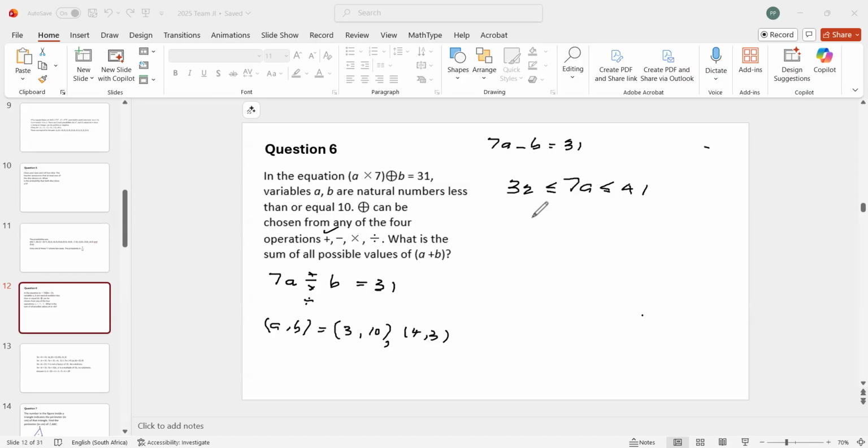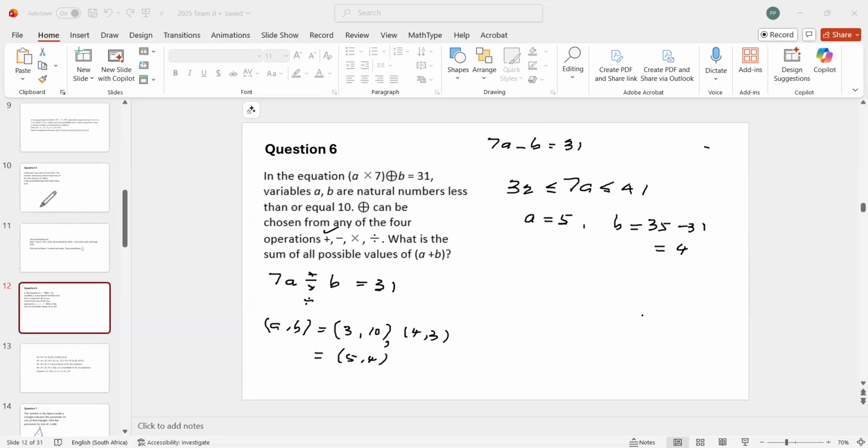There's only one. A must be equal to 5. 35 is the only multiple. And then in that case, if A is equal to 5, you have that B is equal to 35 minus 31, and that gives you 4. So you have that AB is equal to 5, 4.